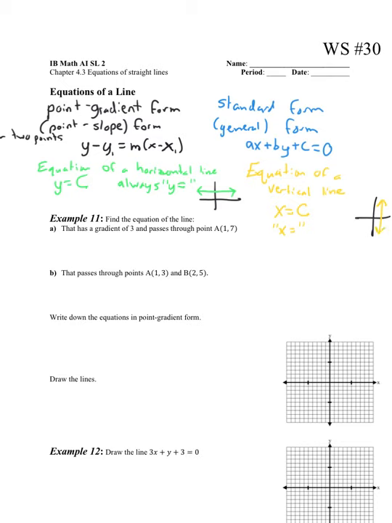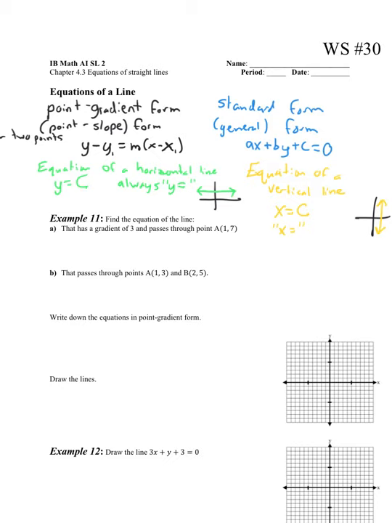Like I said, nothing big or groundbreaking there. We've done all this before. And these are just reminders of how we write equations. We always want to write equations as x equals or y equals. Okay.